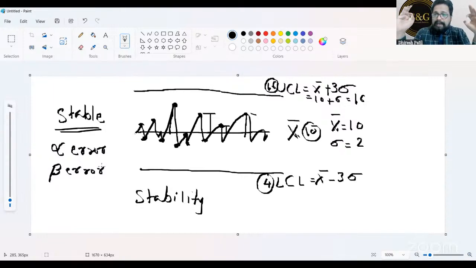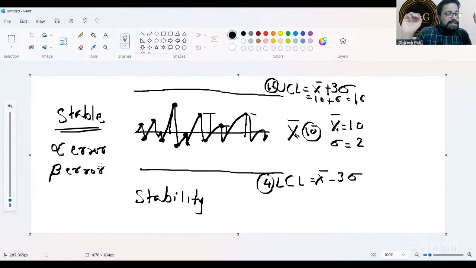And then he declared, and other statisticians and the quality experts community endorsed, that at +3 and -3 standard deviation, alpha and beta error get balanced out. That's the reason he fixed this level at +3 and -3 standard deviation. So any process which runs through +3 and -3 standard deviation is said to be a stable process.